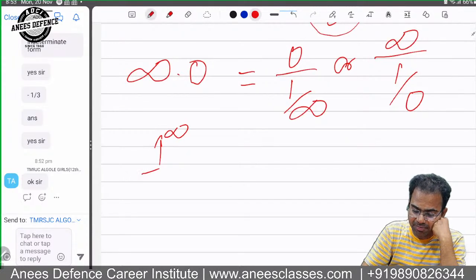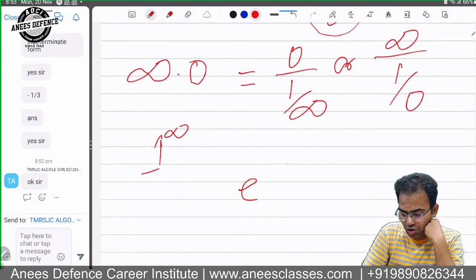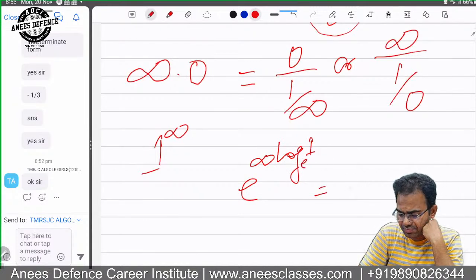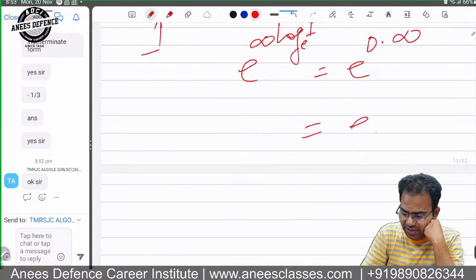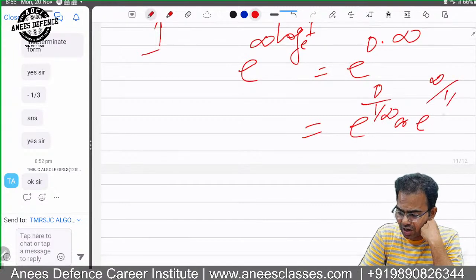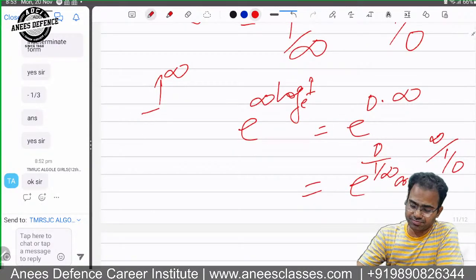I will take logarithm both sides, or convert this into log form. So this will be infinity times log 1 to the base e, that is e to the 0 into infinity. So I will use 0 upon 1 upon infinity or infinity upon 1 upon 0. Then I will use the L'Hopital method in the power. Okay.